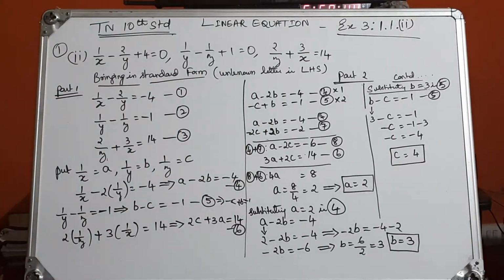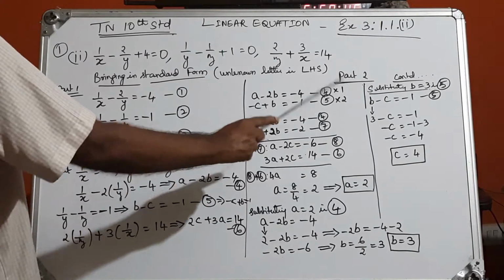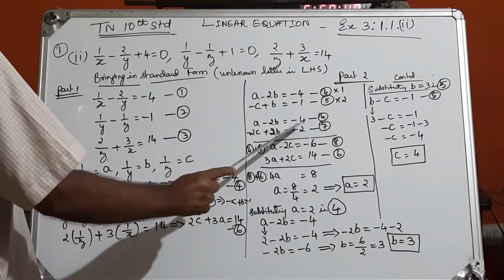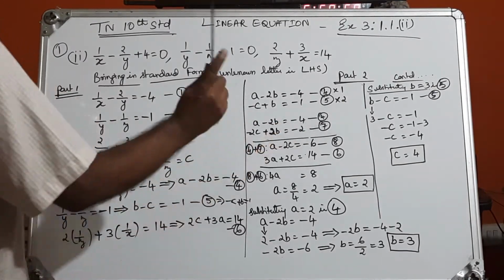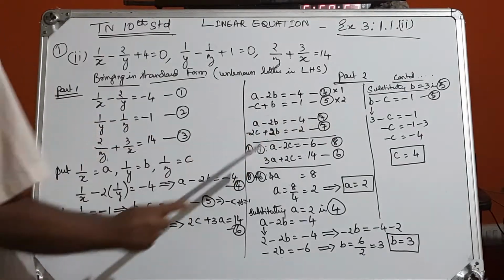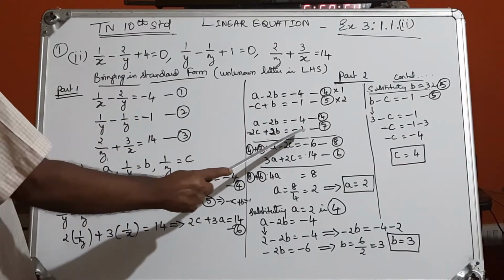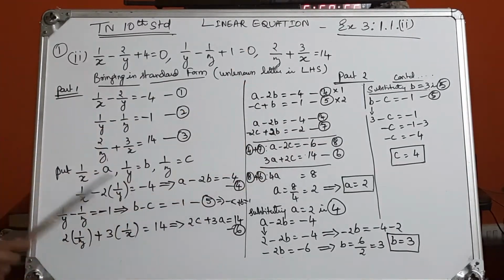Now multiply equation number 4 by 1, which means the same equation: a minus 2b equal to minus 4, keep the same number 4. The second equation you multiply by 2: minus 2c plus 2b equal to minus 2, call it equation number 7.